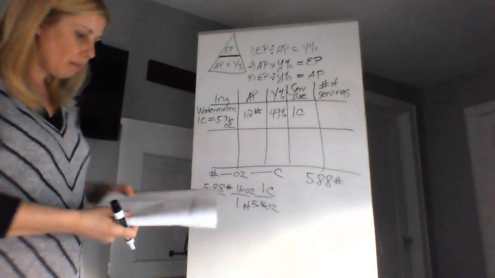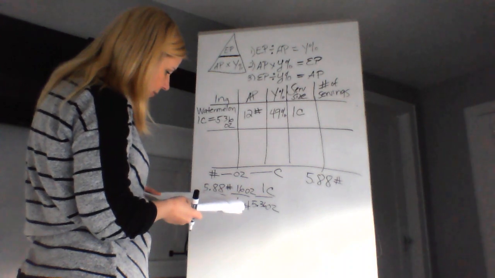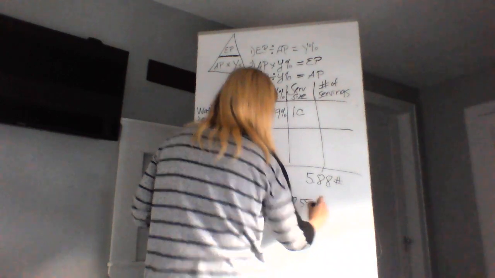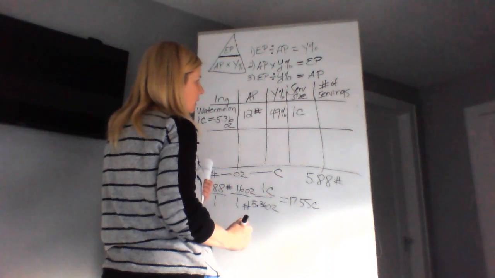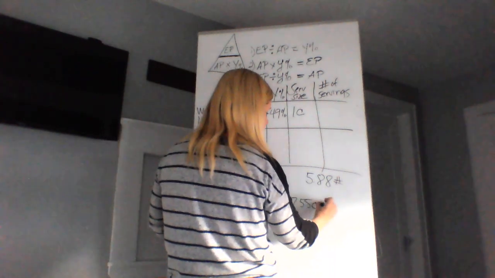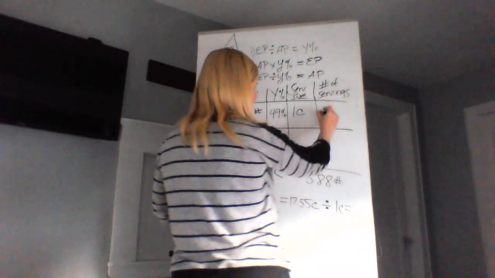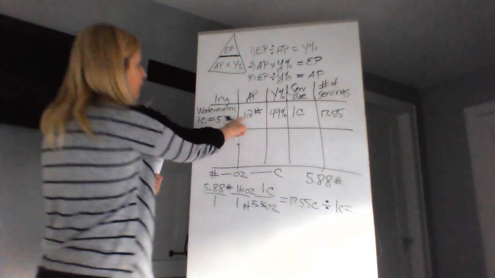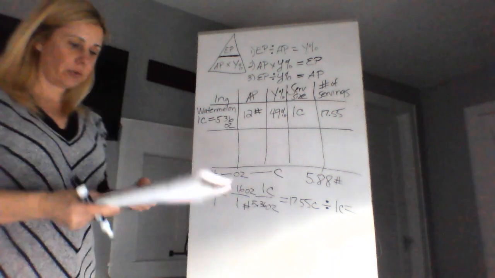Now, when you do that math, you should end up with 17.55 cups, okay? And this one is kind of easy because your cup portion is 1 cup. So typically you divide by the number of cups in your portion, but any number divided by itself is that number. So the number of servings that you can get out of 12 pounds of watermelon is 17.55, okay?